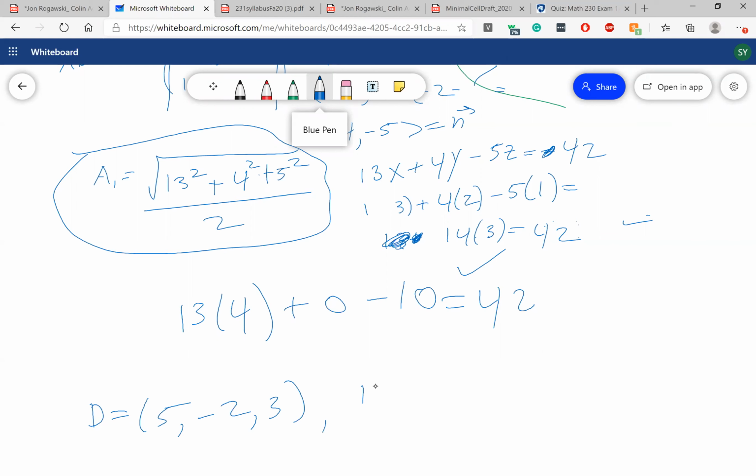So it's 13 times 5 plus 4 times -2 minus 5 times 3. And we want to know whether this is equal to 42.